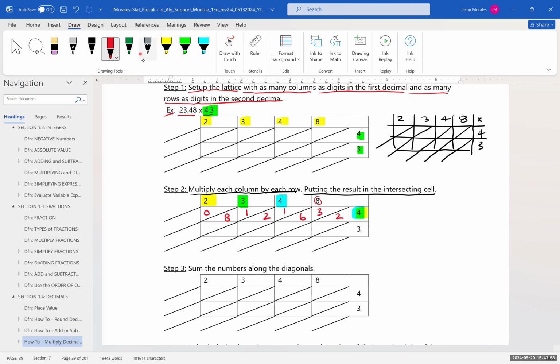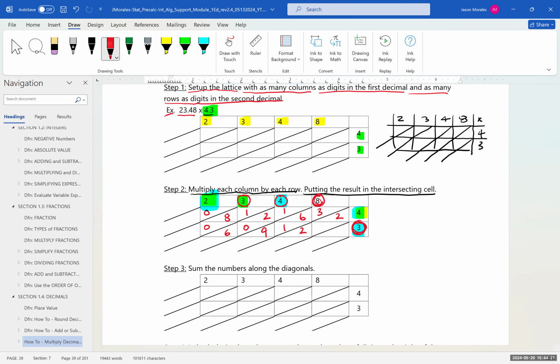Next I'm going to go down one more row and look at 2 times 3, which is 6. And then 3 times 3, which is 9. 4 times 3, which is 12.